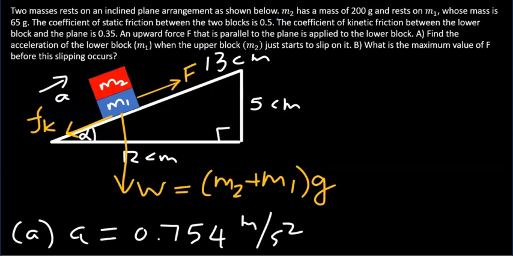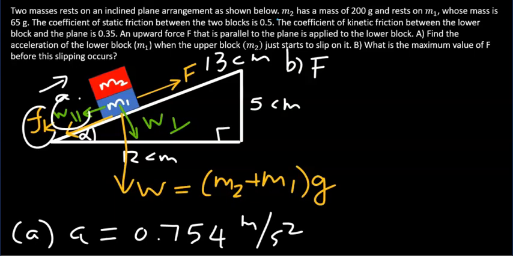And this weight has two components as always. One is the perpendicular component and the other one is the parallel component. And since M1 and M2 are part of the same system, both have the same acceleration A in an upward direction. So let's apply Newton's second law here. The force up the plane is F. The forces down the plane, there are two: one is the kinetic friction and the other one is W parallel.